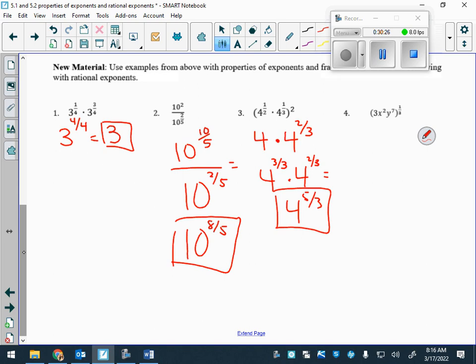How many terms do we have inside the parentheses? 3. Excellent. We have 3, x squared, and y to the 7th, all raised to the 1/3. So what does that mean? What do we do? It would be like 3 to the 1/3.